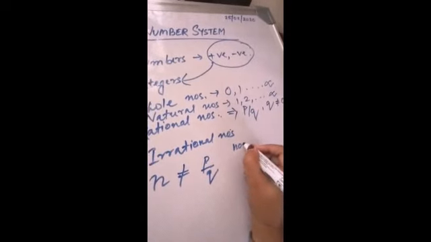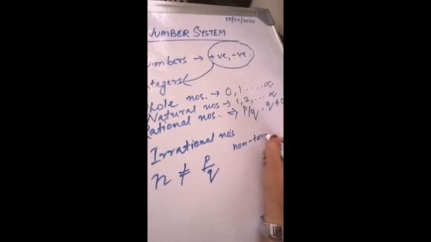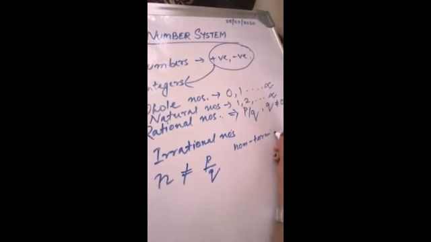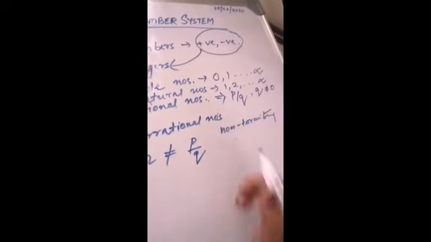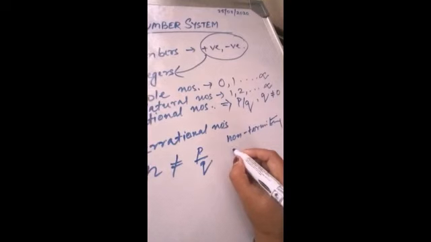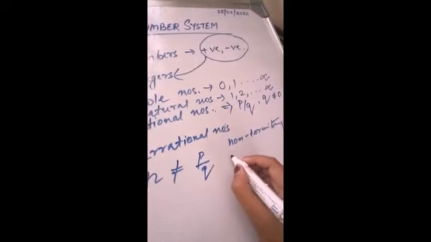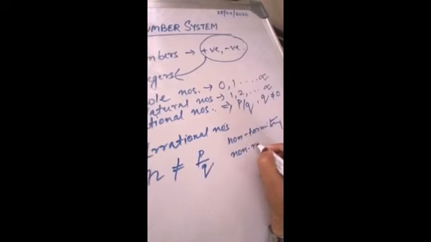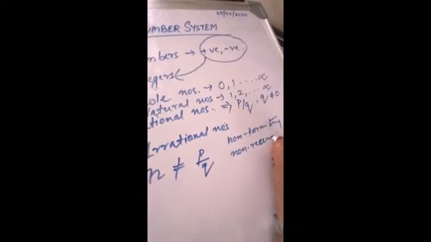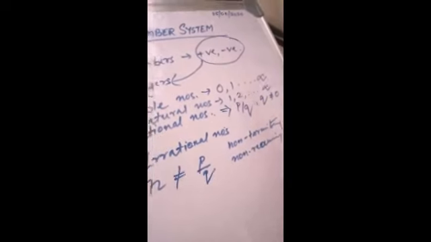and it will have non-terminating, non-recurring decimal numbers, right?